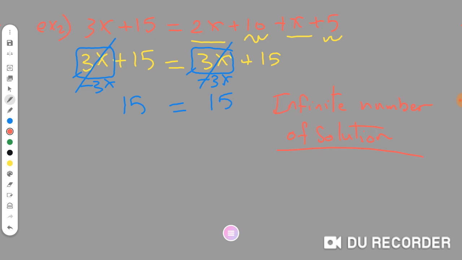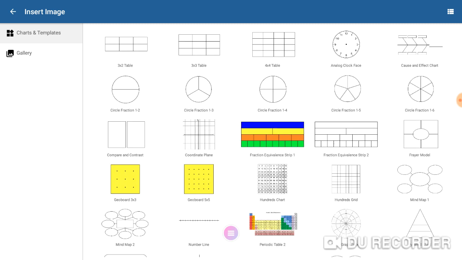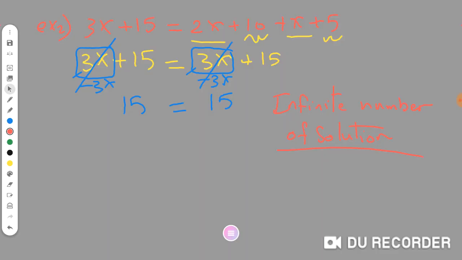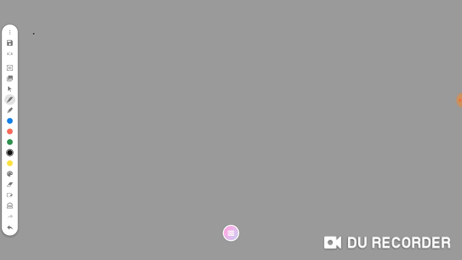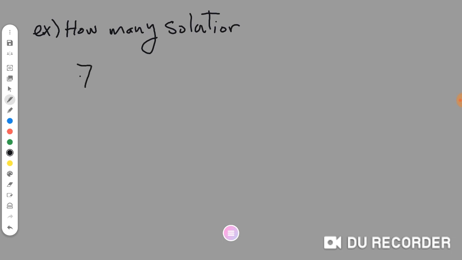Explain how many solutions there are for the following equation: 7x plus 3x minus 8 equals 2 times (5x minus 4).